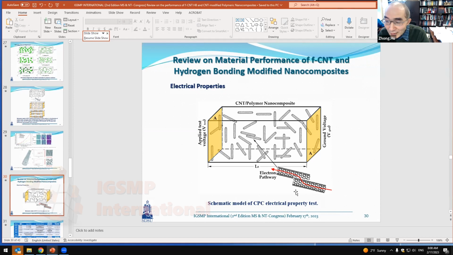We call this the electron pathway. If you generate a lot of such pathways, you can imagine that when we test the electrical property, the conductivity will be much, much improved. That's the strategy.